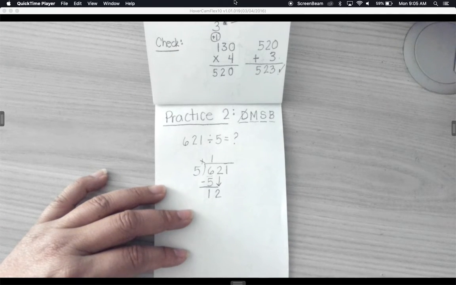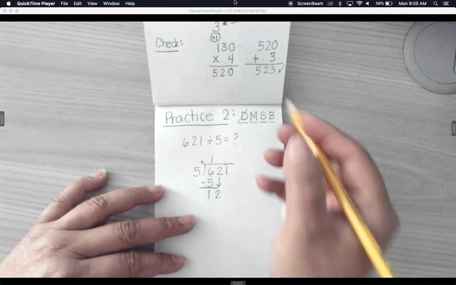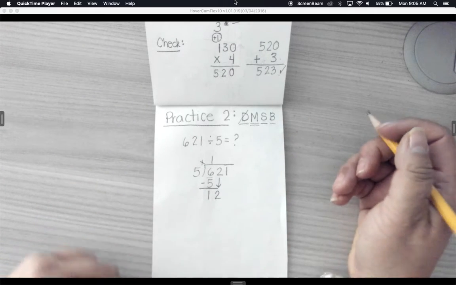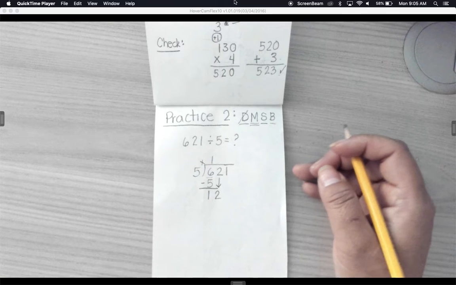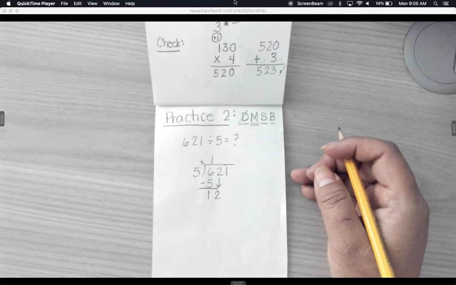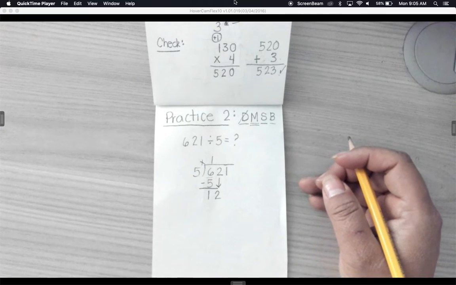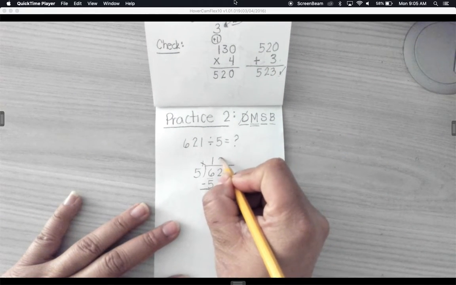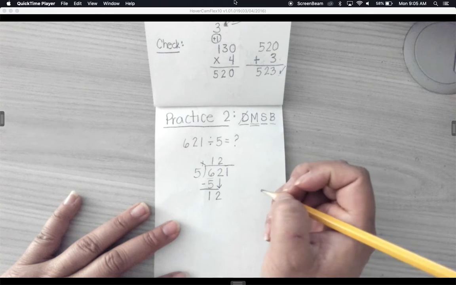Now I'm going back again. Here comes Mom. Let me tell you what to do. Mom says, I need something to multiply times 5 that's going to get me close to 12. 2. 2 times 5 is 10.